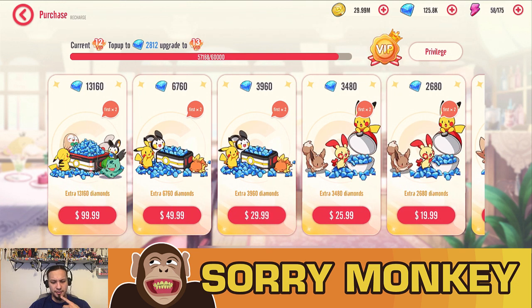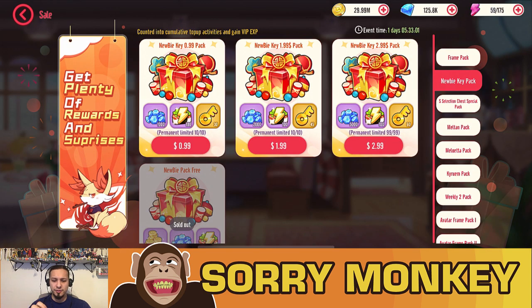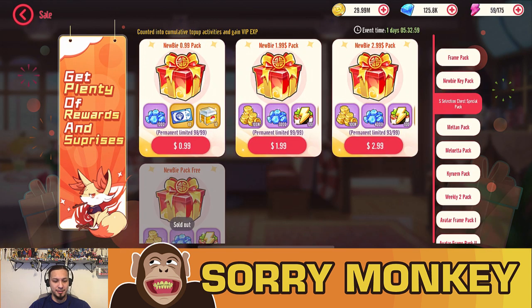I know that 50 was like 3,000 something, and then 100 was 6,800 or something like that. So the numbers are different, but that's not what's important really. You will see that the packs are just kind of crazy. The amount of diamonds you get for the money you spend is just kind of insane.